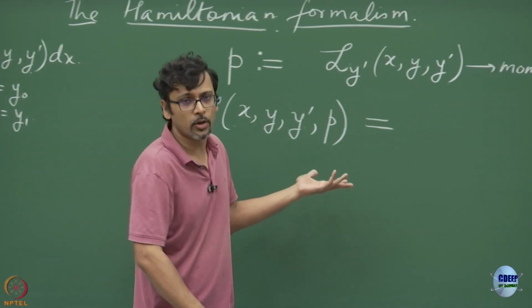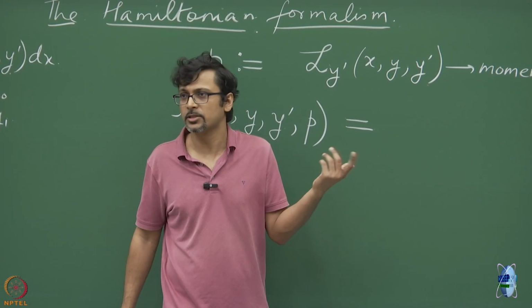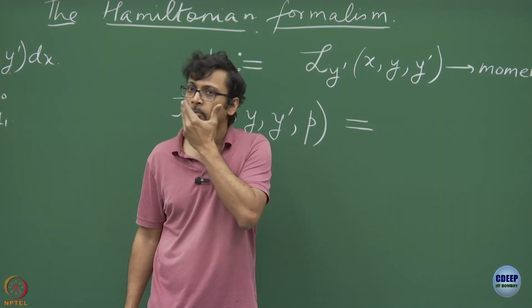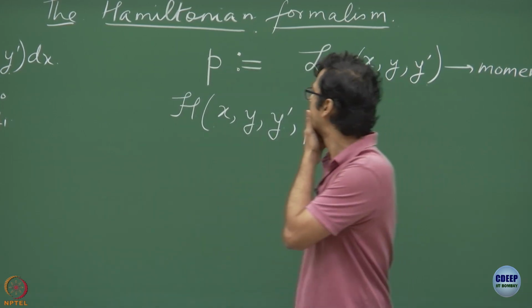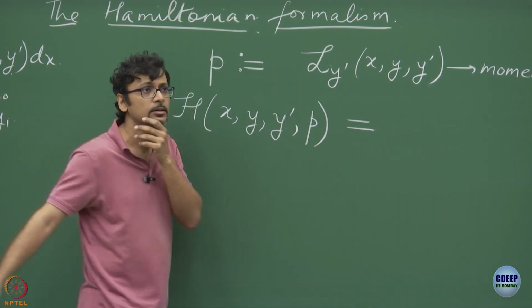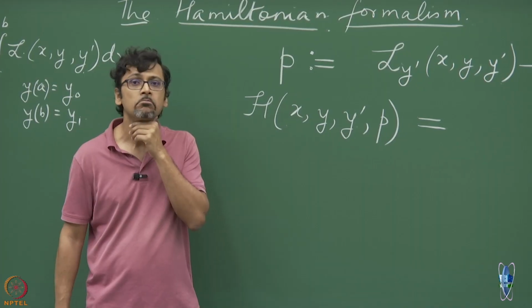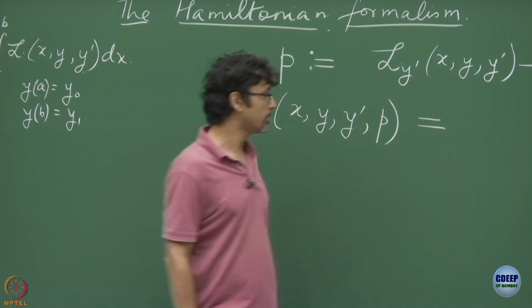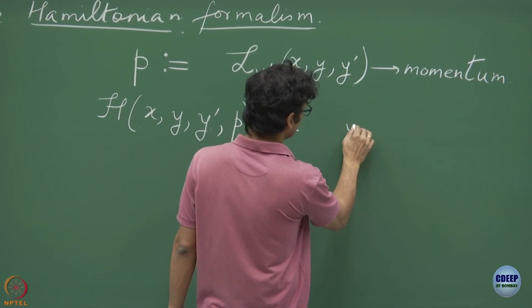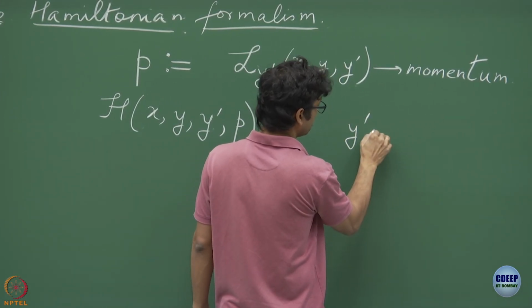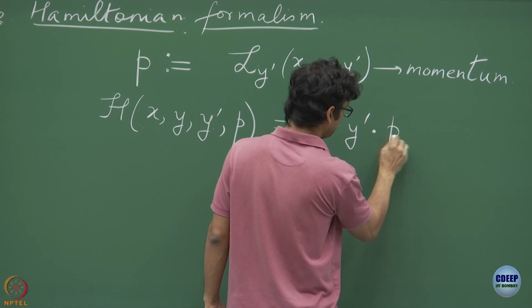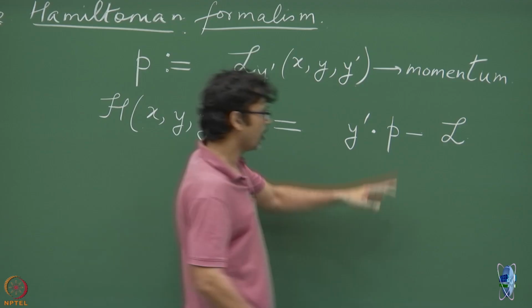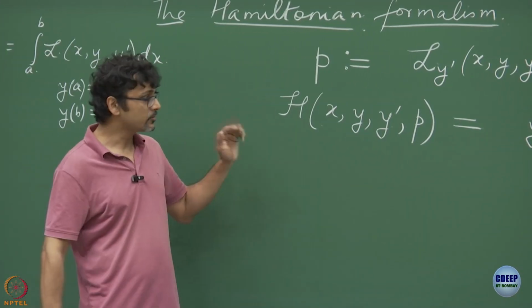There was obviously a dot product. In case of a scalar, the dot product doesn't matter, it's just multiplication. But in general, it was a dot product between what and what? Y prime and L_y', isn't it? But now L_y' has a name and a symbol to go with it, which is p, right? So this is y prime dot p minus L. Again, I am omitting the dependencies, the arguments, for the sake of brevity.